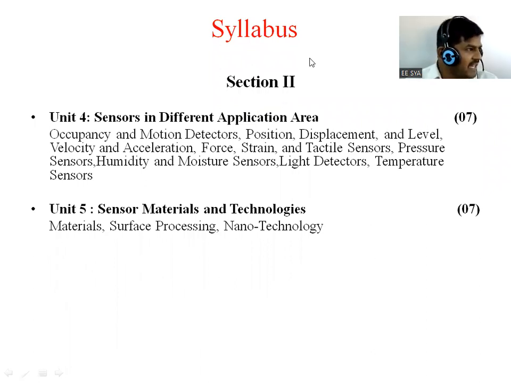So different types of material are used for manufacturing of the sensor. Then surface processing. It is nothing but how the surface of the sensor can be processed while manufacturing. Suppose there is an object sensor.